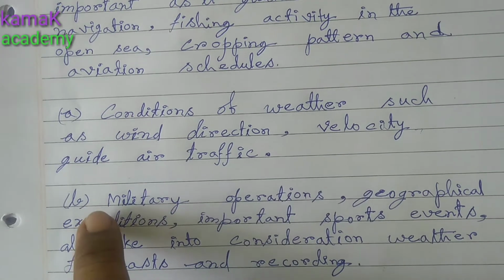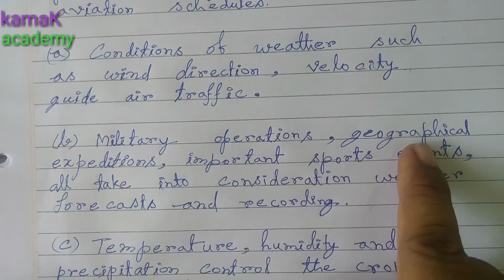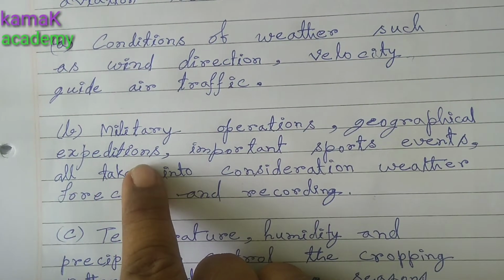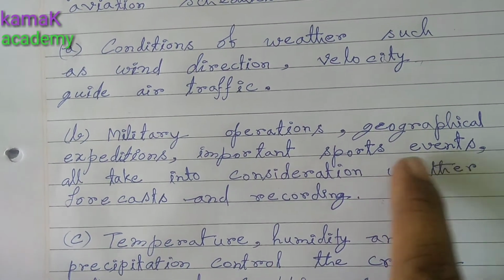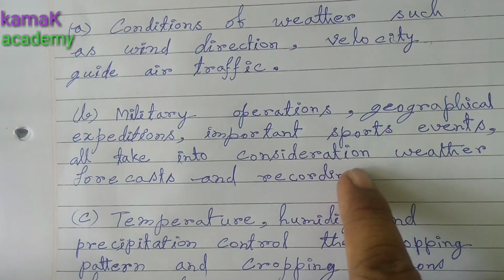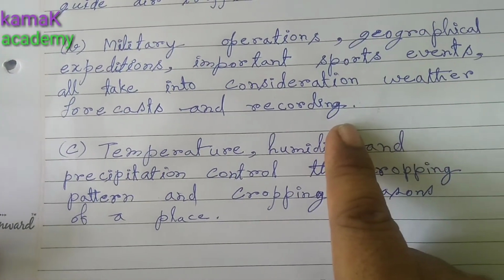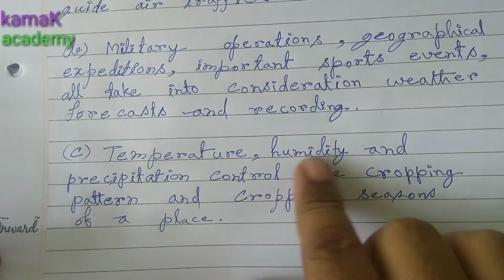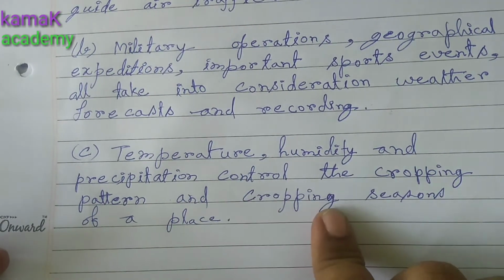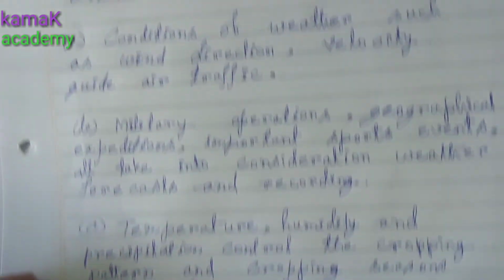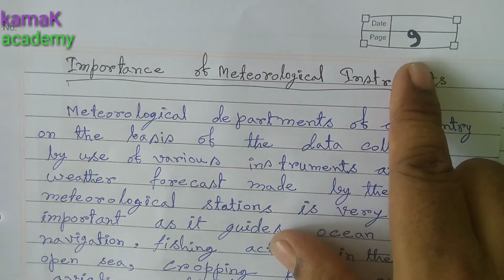Full stop. (b) Military operations, geographical expeditions, important sports events all take into consideration weather forecasts and recording. (c) Temperature, humidity and precipitation control the cropping pattern and cropping seasons of a place. This page is 9. Come to the next page.